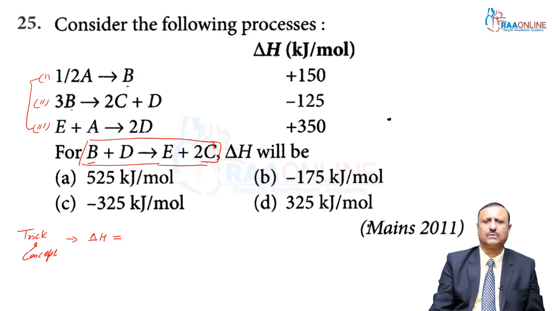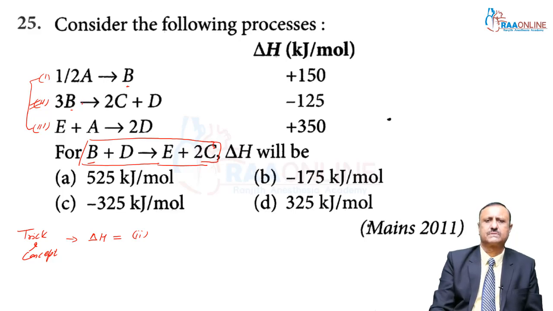So, in product no B is present. So, it means this reaction we can take easily, equation number 2, but equation number 1 we do not want, because this B we cannot get.